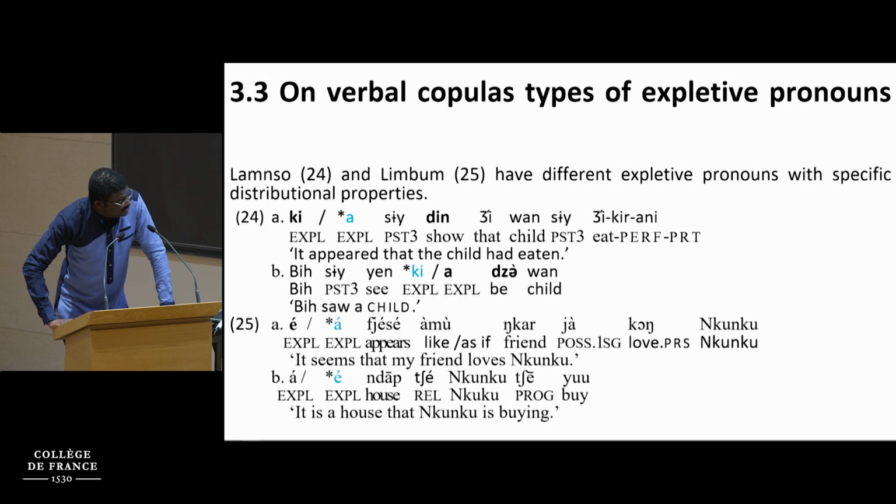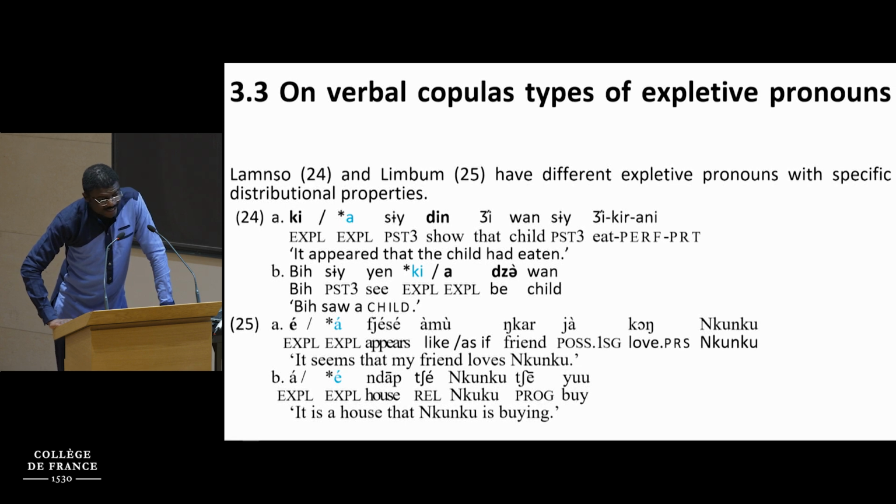In the second case in Lamso, if you remember, we saw this focus strategy earlier. If you want to focus "child" in the post-verbal position, the pronoun that is used here is "a" and not "ki". The same thing goes in 25. In Limbum, it seems that my friend loves Nkunku.